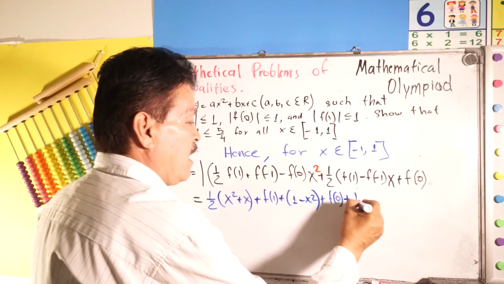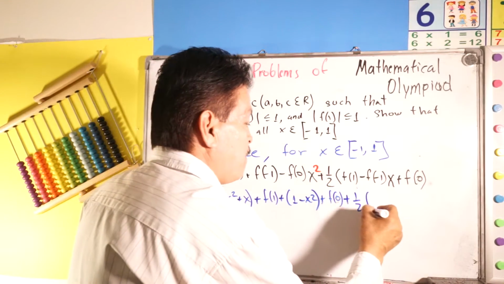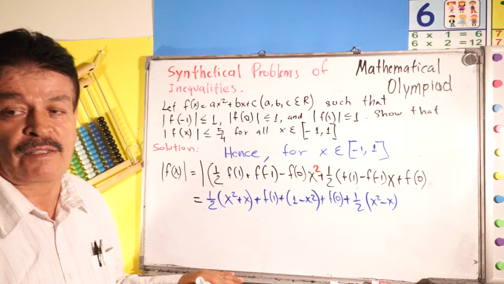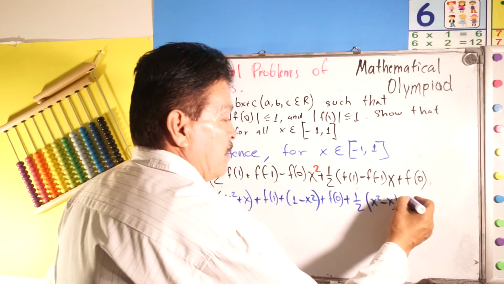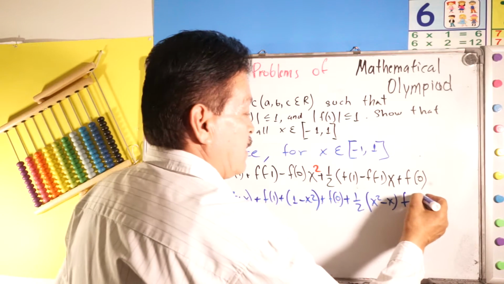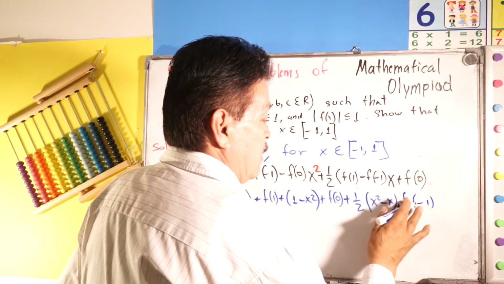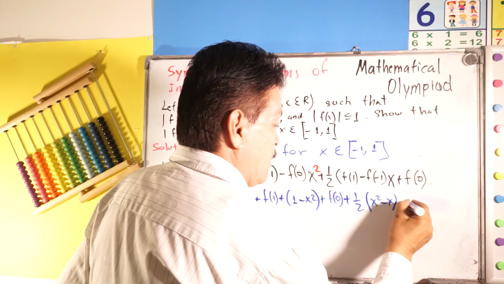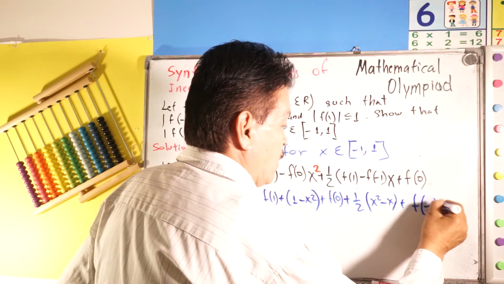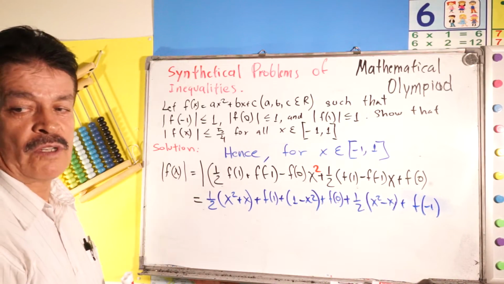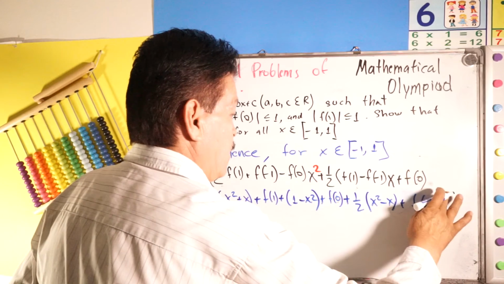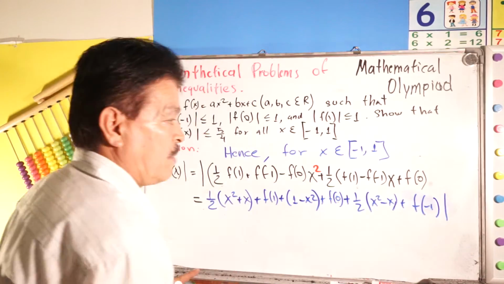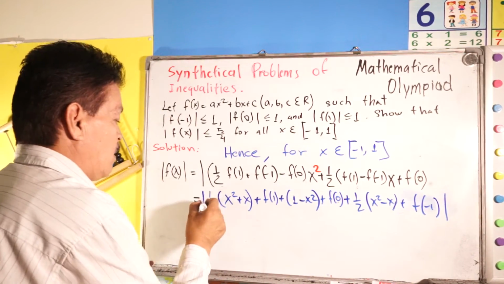Now another plus 1/2 times x squared minus x, times f(-1), and close this.